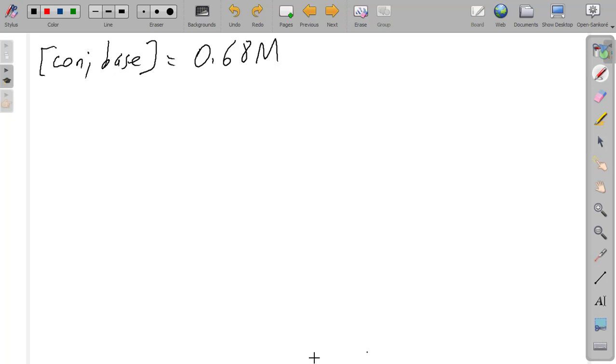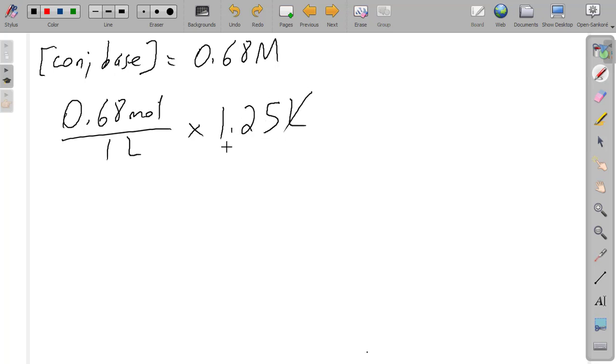So now you know you have 0.68 molar. That really is 0.68 moles per liter. Now you go back to the volume of the solution, which is 1.25 liters, and that'll give you the moles, which is 0.85 moles.